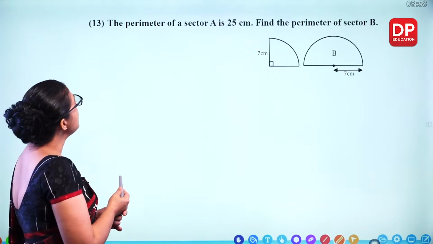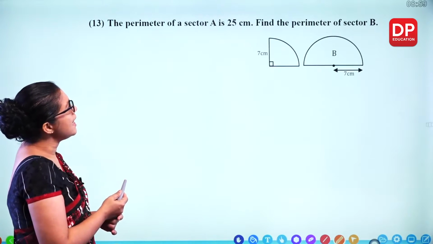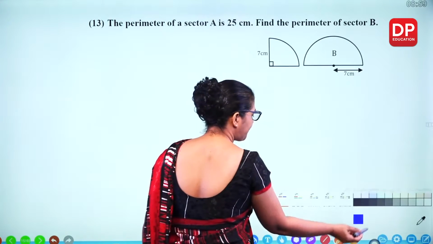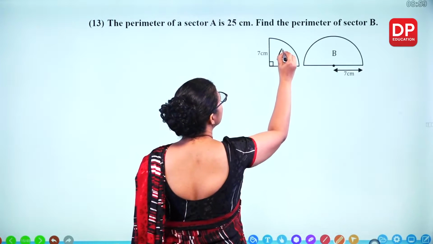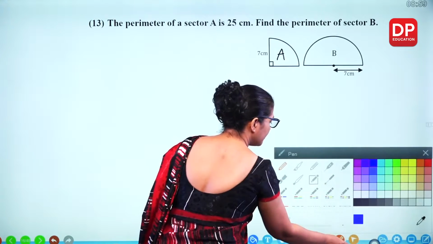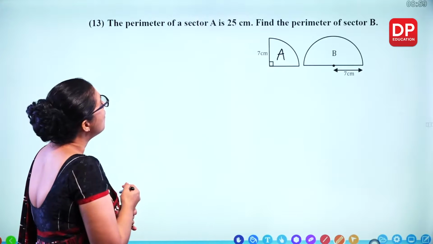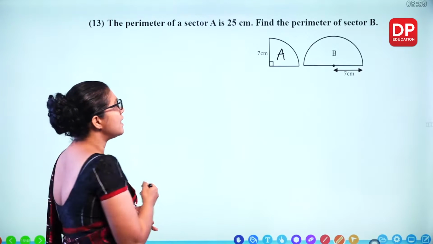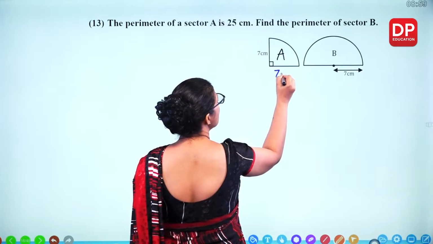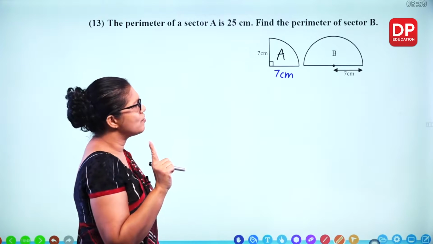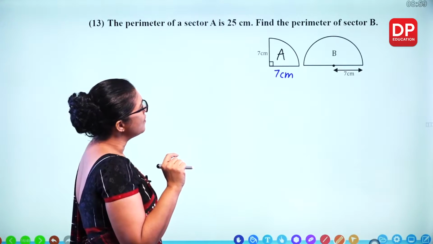Question number 13. The perimeter of a sector A is 25 centimeters. So this is A. Find the perimeter of sector B. Perimeter means outer length. This is 7, this is also 7. There are two ways you can do this question.